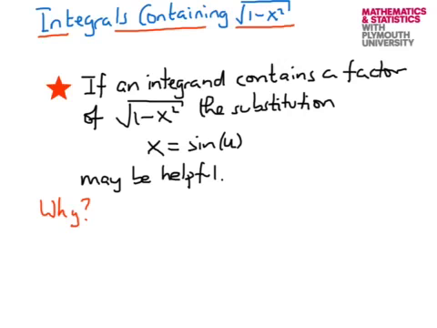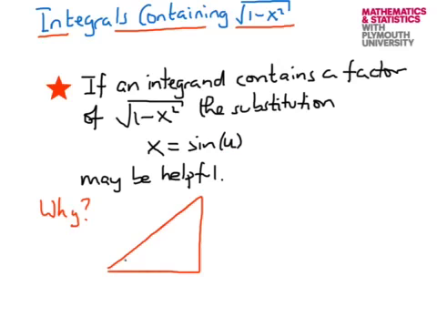And the reason why this is the case can be seen by drawing a right angle triangle, which I'm drawing here. And in my right angle triangle, I'm going to say that one of the angles is u, because after all, if x is sine u, u is clearly an angle.